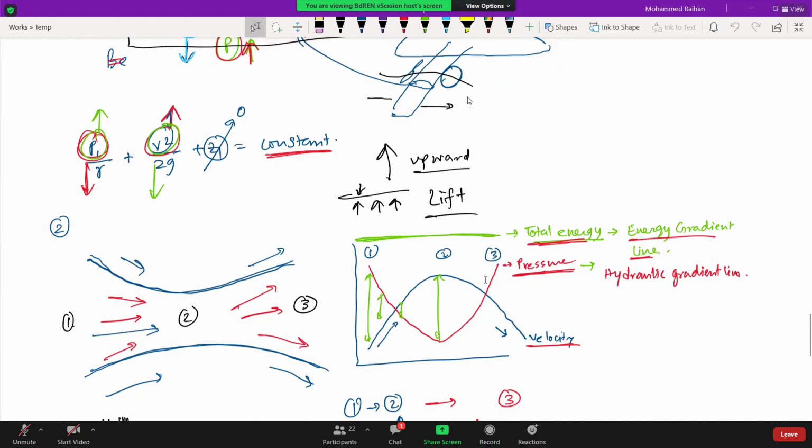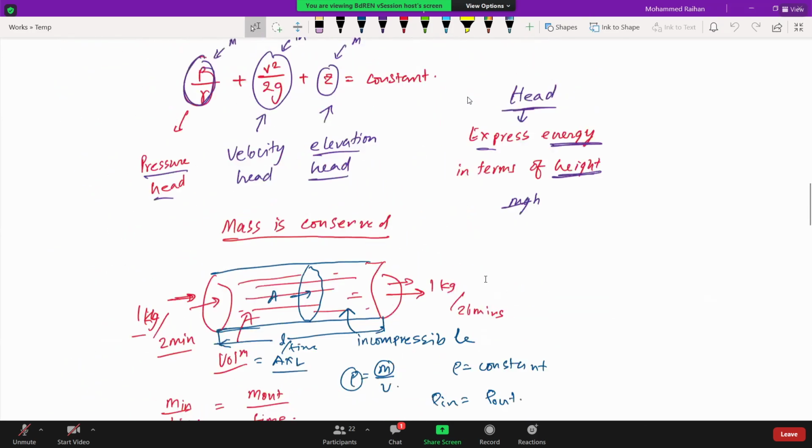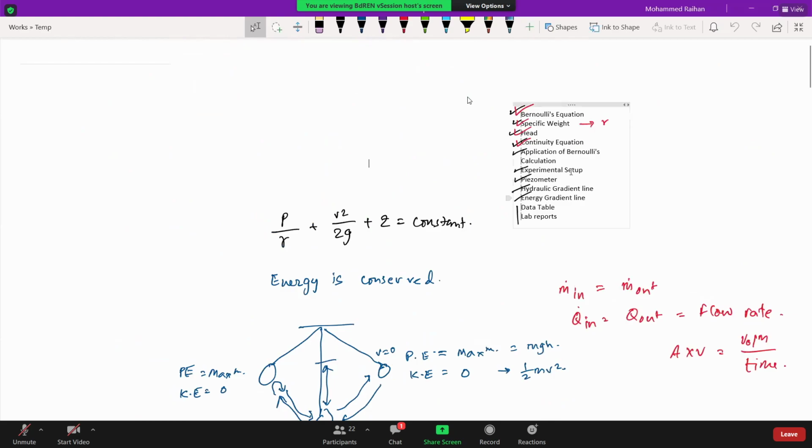So we are almost done with everything. Let's go to the top and see. You are done with applications of Bernoulli's equation, right? I didn't show you the experimental setup yet. You are done with the hydraulic gradient line and energy gradient line.